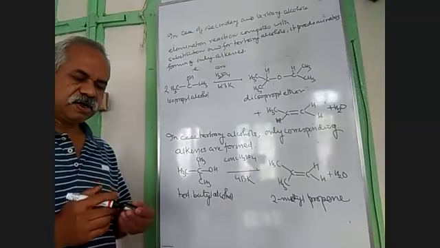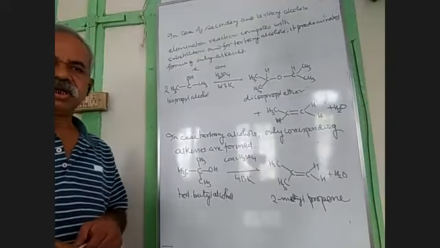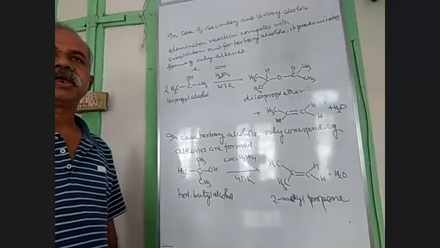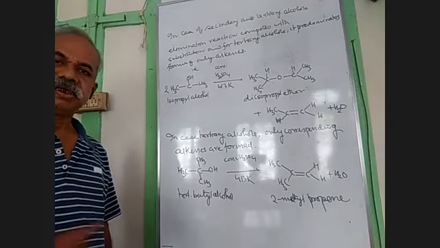This question comes: then why in case of the tertiary alcohol, ethers are not formed? So you will write that elimination reaction predominates over substitution reaction, resulting in the formation of alkenes rather than ethers.